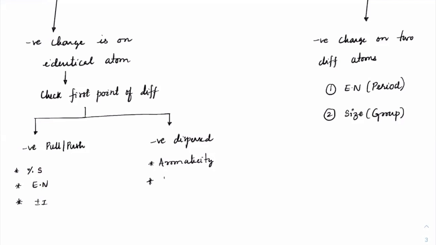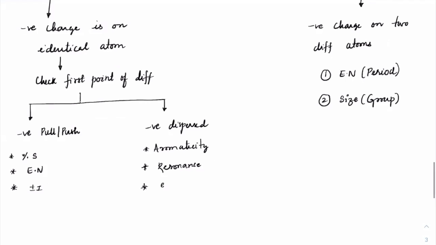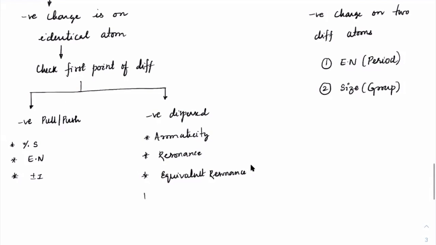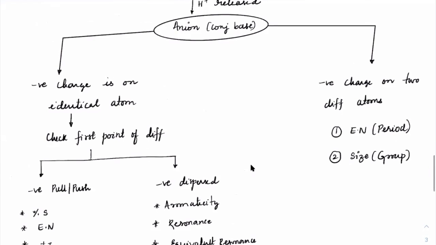Next, we will compare whether there is any resonance favoring the conjugate base, or any equivalent resonance. Then if there is any d orbital resonance, these are the comparisons which we will do to find out which is more acidic and which is more basic.